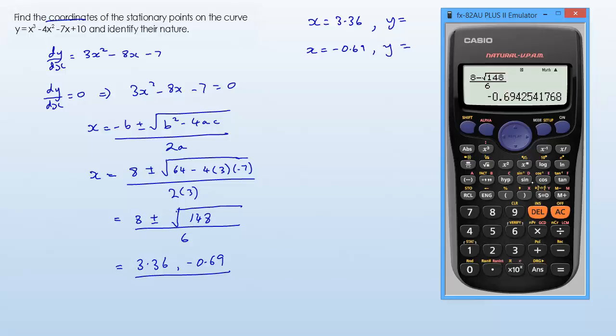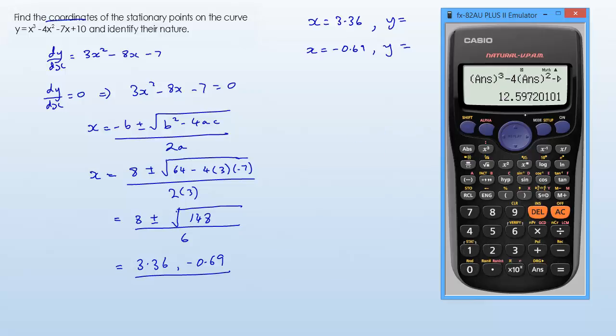So that is going to be the last answer cubed, take away 4 times the last answer squared, take away 7 times the last answer, add 10.